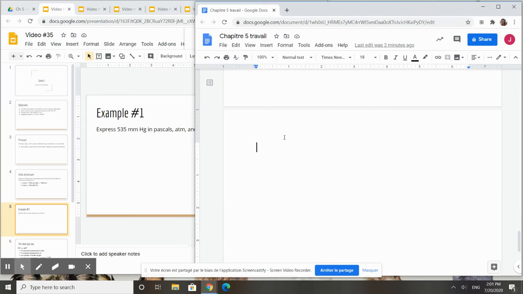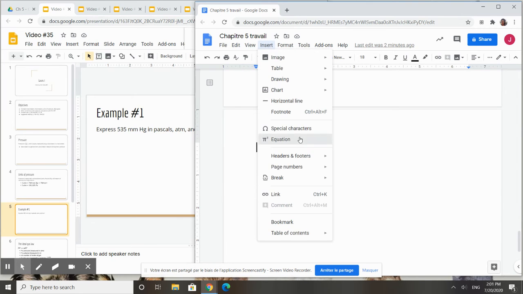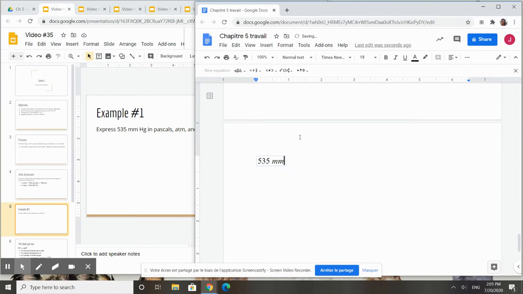All right, I'll start to work through this. I could have converted this to ATM first. Some of you might do that. That's totally fine if you do. Because 535 has 3 sig figs, my final answer must also have 3 sig figs. So that's why I rounded that way.